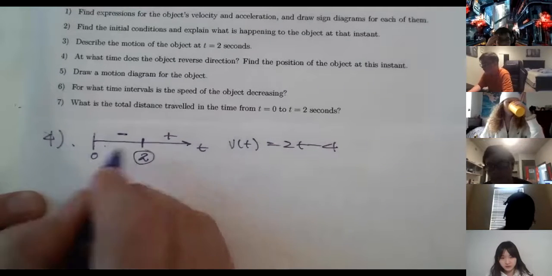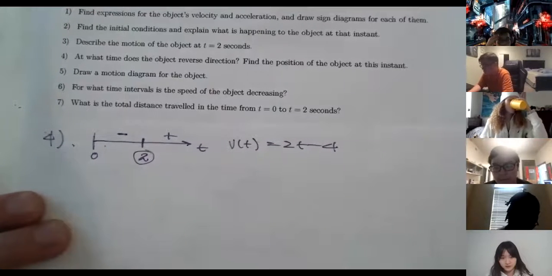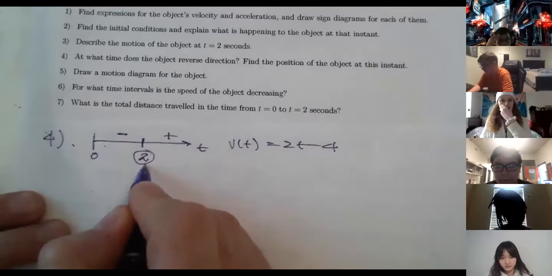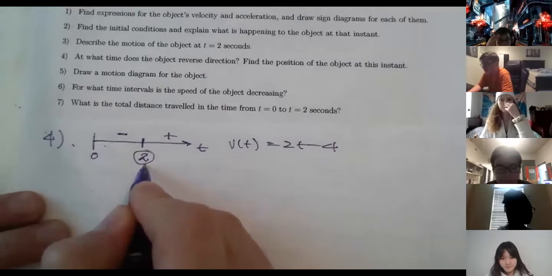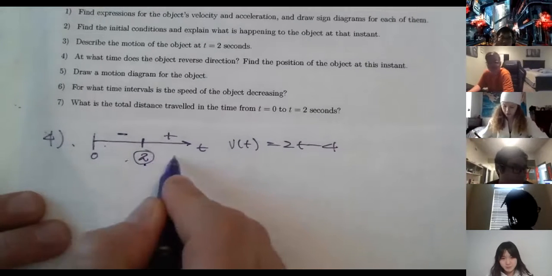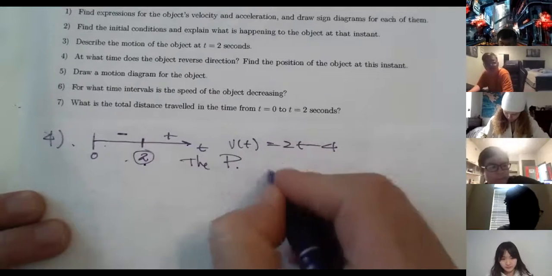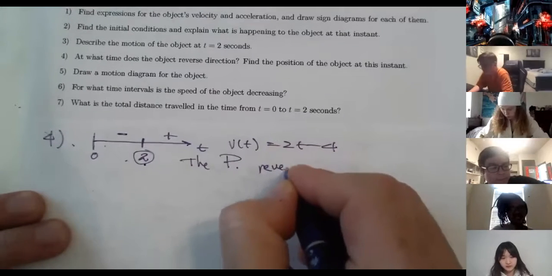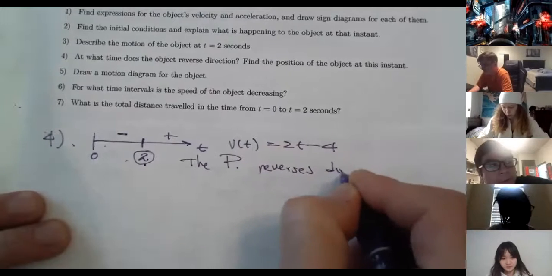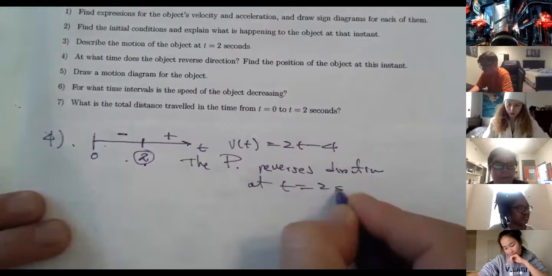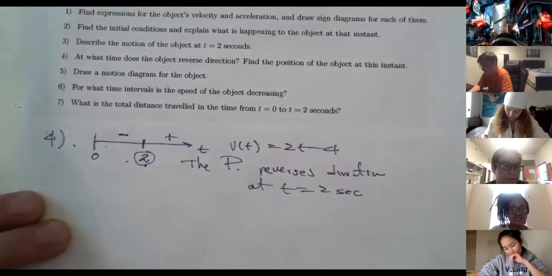So then 2 is the point where the particle reverses direction, okay? Because there is a change in the sign of the velocity. So the particle P reverses direction at t equals 2 seconds, right?